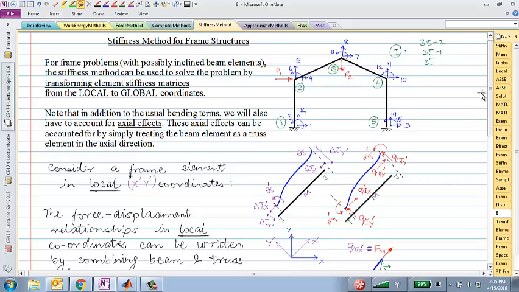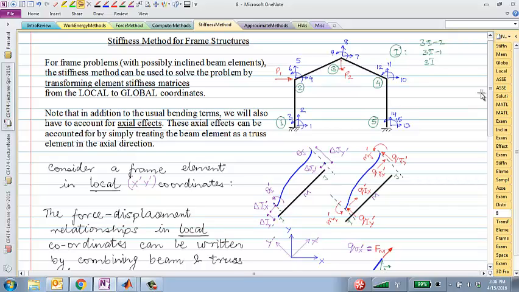And what is the corresponding number of internal forces and moments? 6, because there can be axial forces, shear forces, and end moments or nodal moments at the two nodes. So what we want is to relate these 6 degrees of freedom for a frame element with these 6 internal forces. But the good news is that we have already done all of the work that we need to come up with this relationship.